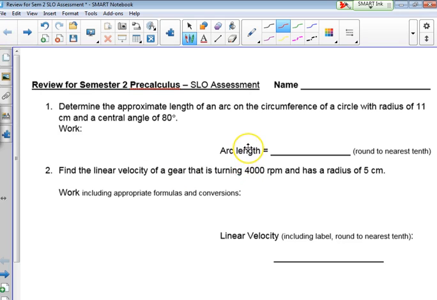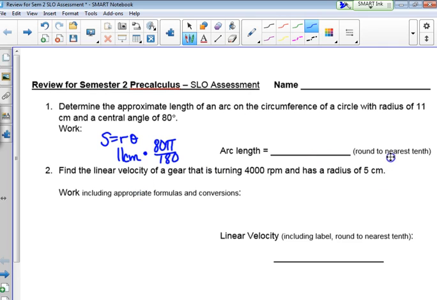All right. So who can help me with problem number 1? Okay. So the 11 centimeters is going to be the r, but the theta is not just 80. It has to be what? How do we change it to radians? 80 pi over 180. Everybody okay? And now it's radians.